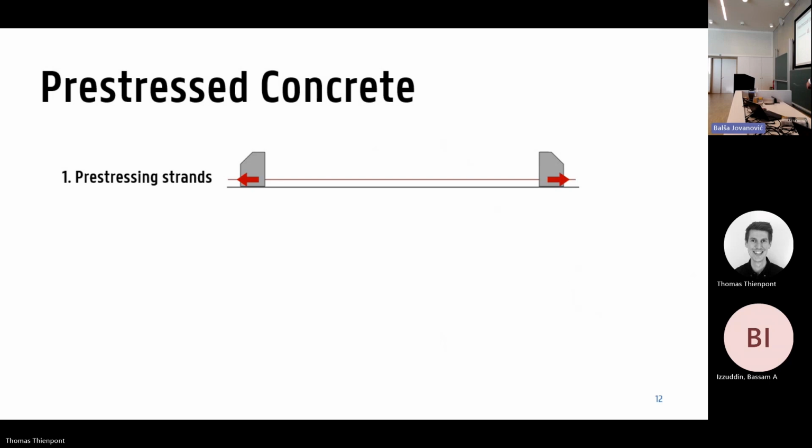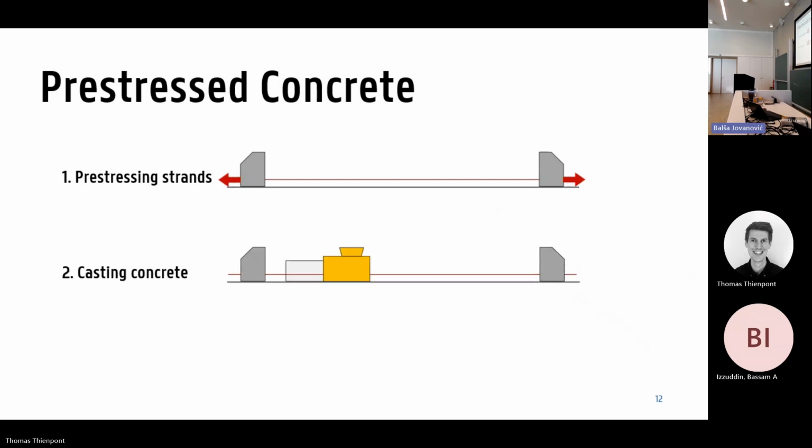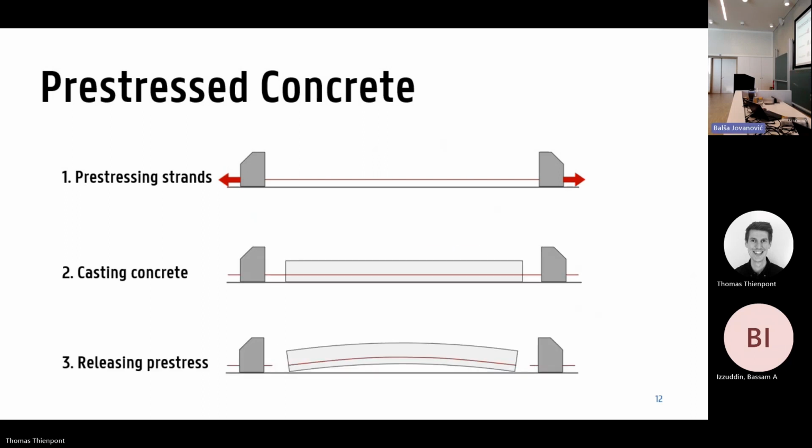So we basically apply tension to it, we clamp it, and then in the next step we can cast concrete over it, and then we wait for the concrete to actually harden, and only then we cut the strands, and then basically the tension that was in the steel is being transferred to the concrete member, and it's pre-stressed basically. So the hollow core slabs that I'm discussing in the thesis are pre-stressed, they're not regular concrete.